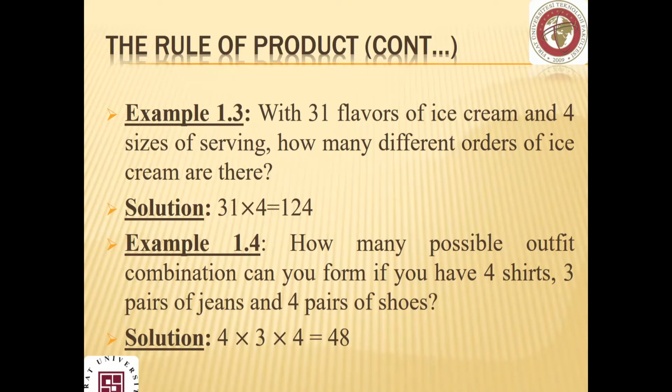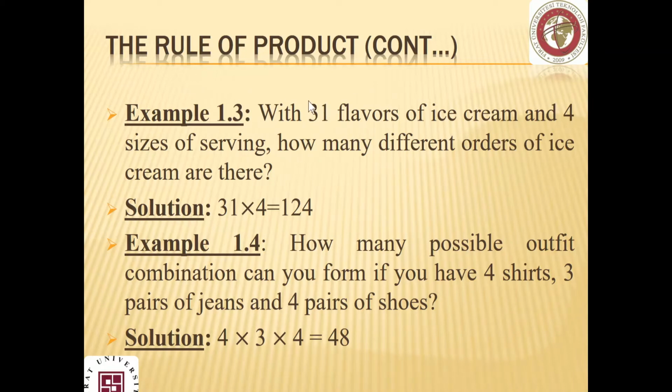These are quick examples. We will have a separate tutorial later on, not now, in another separate video. Let's say we have 31 flavors of ice cream and 4 sizes. Now look, 31 flavors. For each flavor, we have 4 sizes. So it's not 31 plus 4.